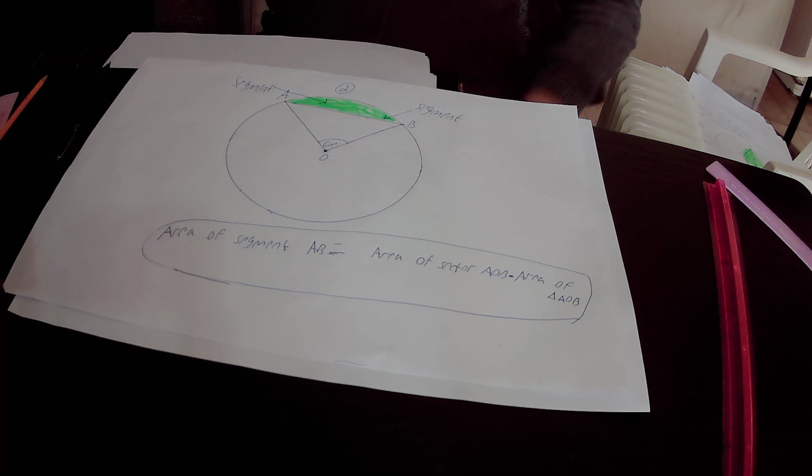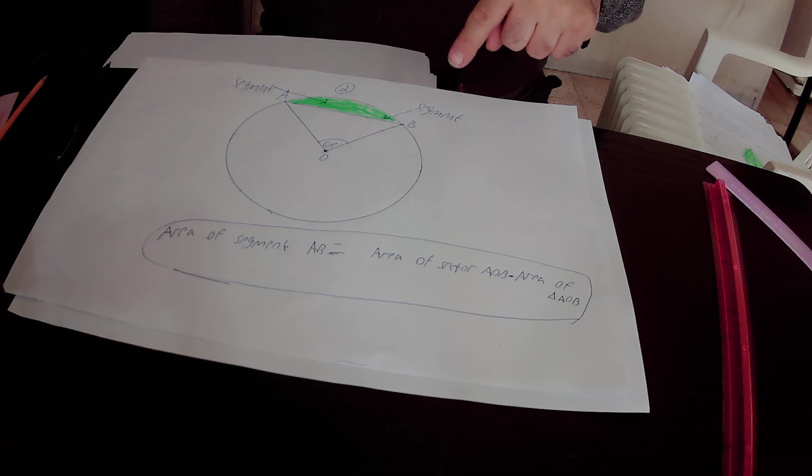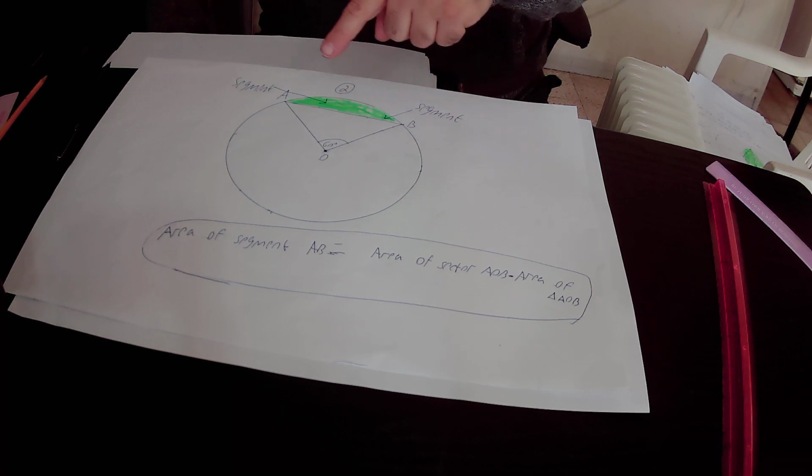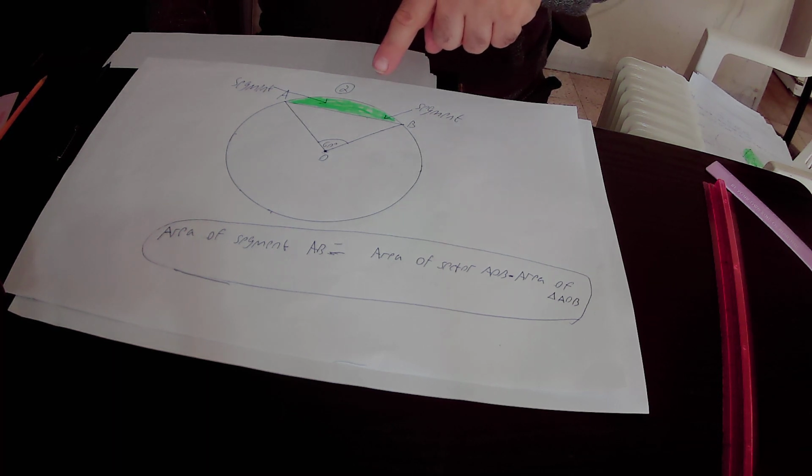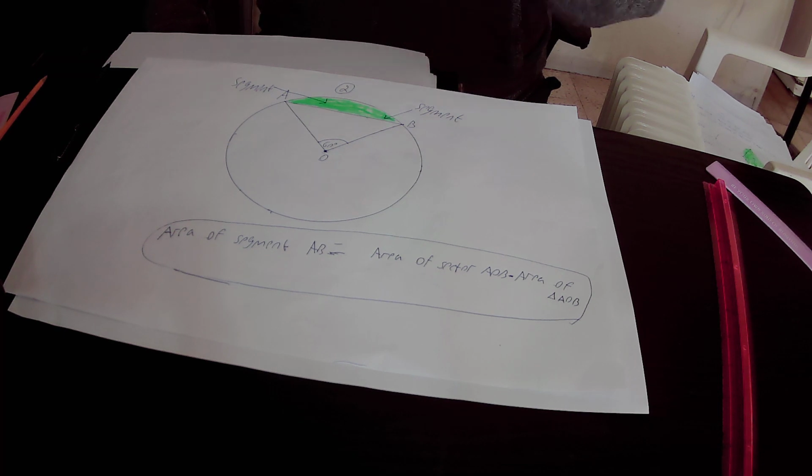Okay, so a segment is the area that is bounded by a chord and the arc, or the arc and the chord that is attached to that arc. This is the definition of a segment, and the formula for the area of the segment is the area of sector AOB minus the area of triangle AOB.